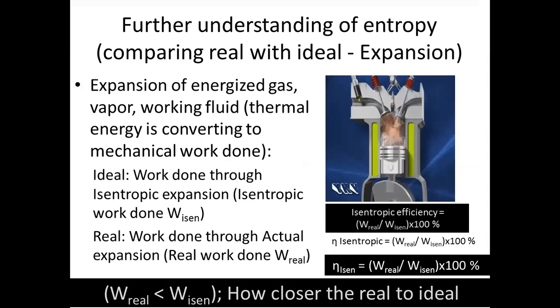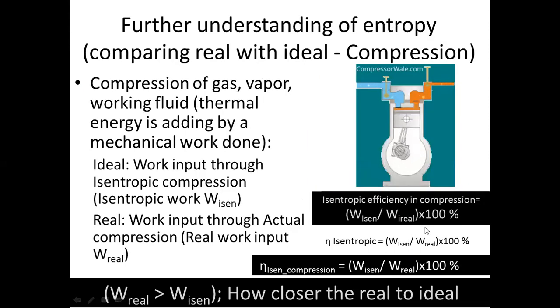So comparing real with ideal expansion. Isentropic efficiency in expansion. So isentropic expansion work is more, real expansion work is less. So the ratio as a percentage is interesting. This for the compression, a similar one. So isentropic compression work is less because we are putting work in. So real is more. The ratio again less than 1, or efficiency is less than 100%.